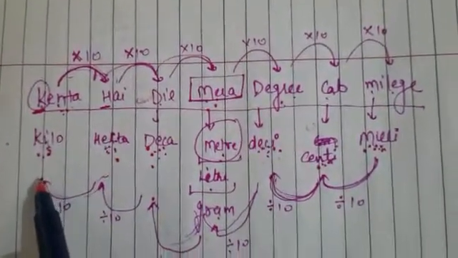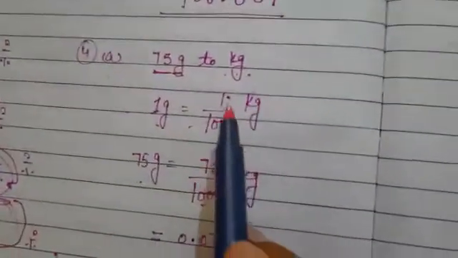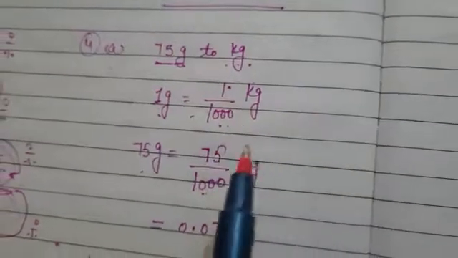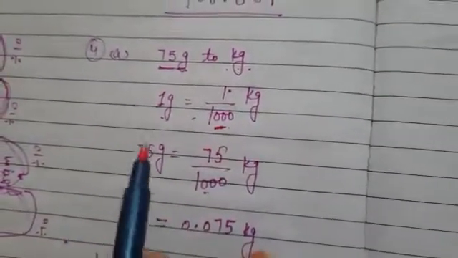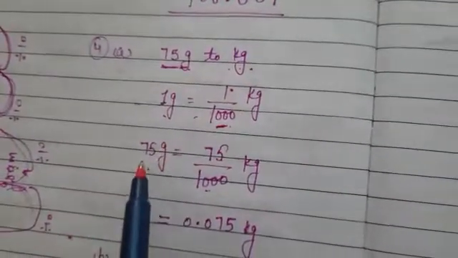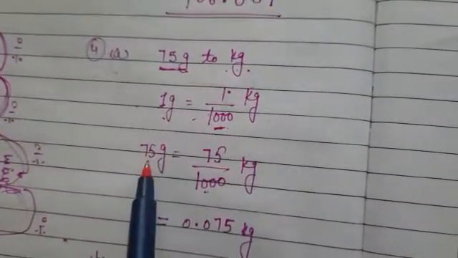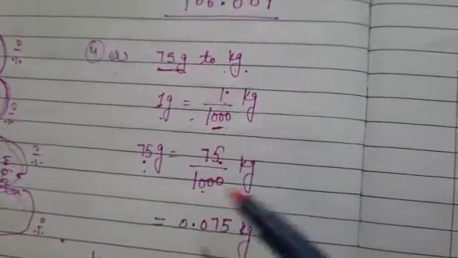It means we divide by 1000. So 1 gram is equal to 1 by 1000, because I said divide. If divide, it means we write it downside. We have to convert 75, so in place of 1 we write 75, 75 by 1000.